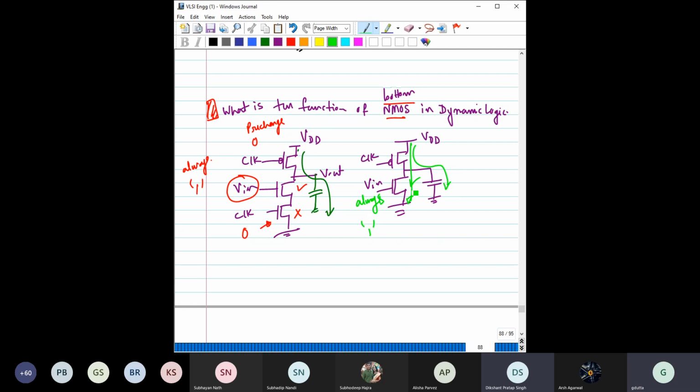So you have a static power dissipation issue as well. And depending on the size of this, it might happen that the capacitor is not at all actually charging, the complete thing is passed to here. So that is the utility of this bottom NMOS for dynamic CMOS logic.